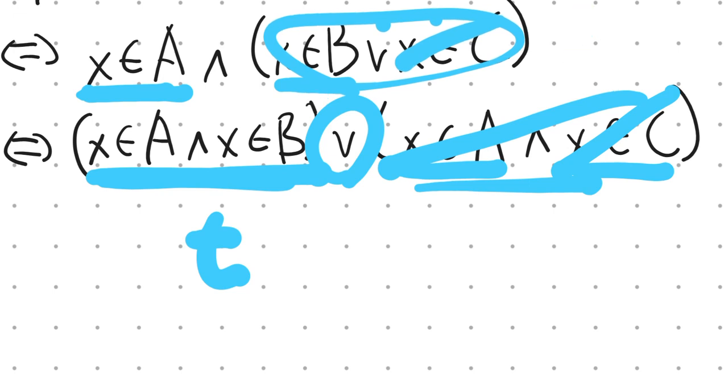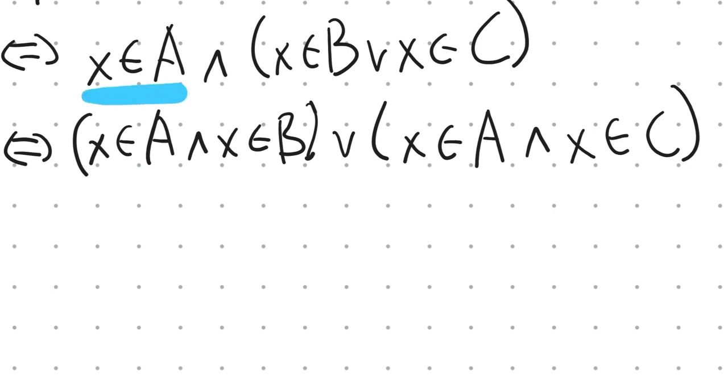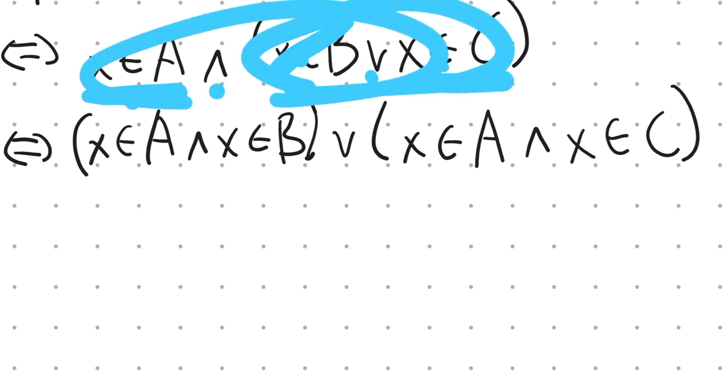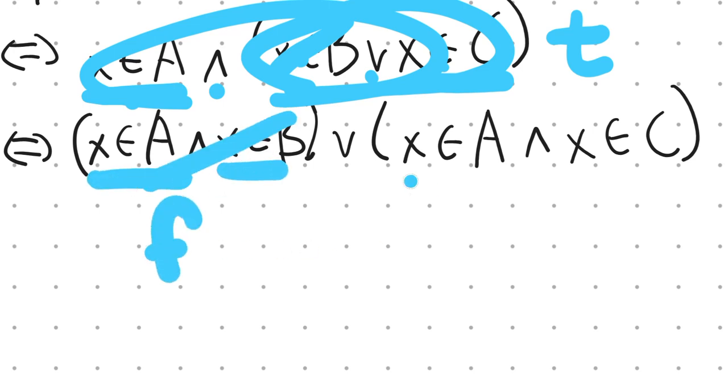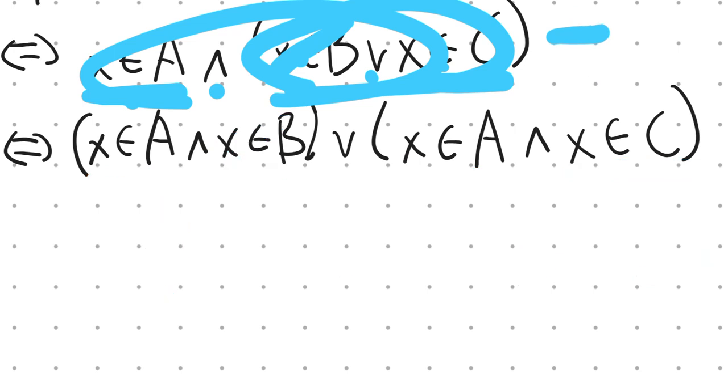So we have a true statement. Now we have to try and see if x is in A and C. So this will be true, false. False and true is true, and true is true, so it's true. If x is in A and C, this is true, this is false, so this is false. Or this is true and this is true, so this is a true statement. False or true is true. Okay. So true. Okay, perfect.